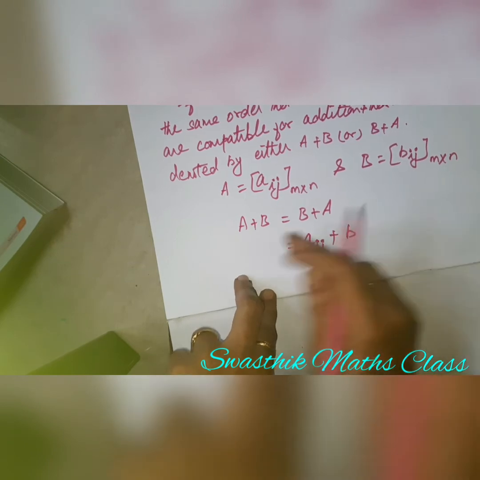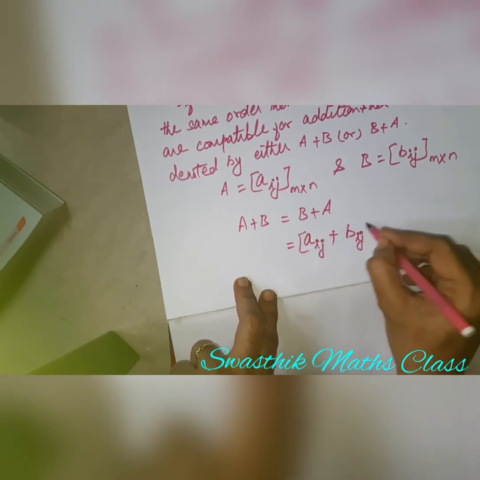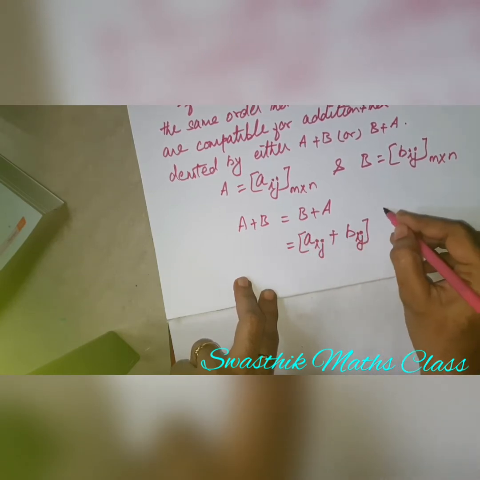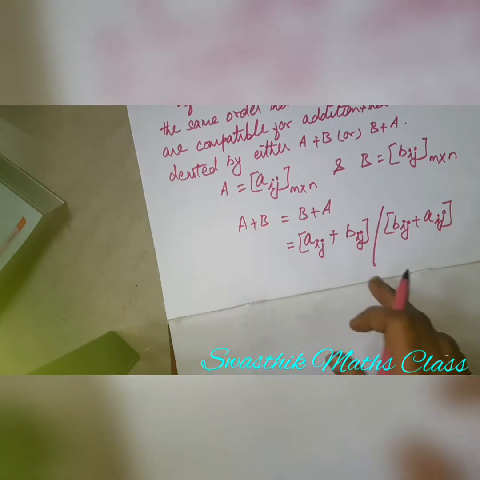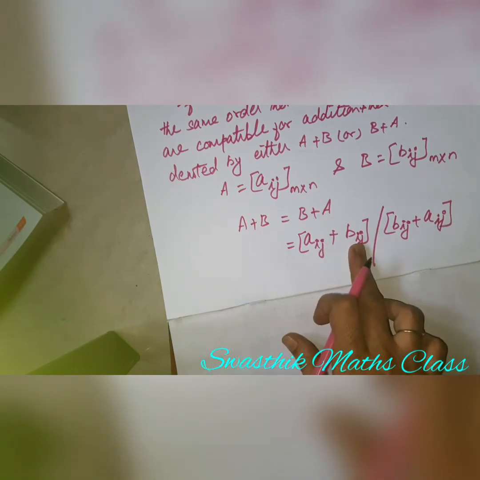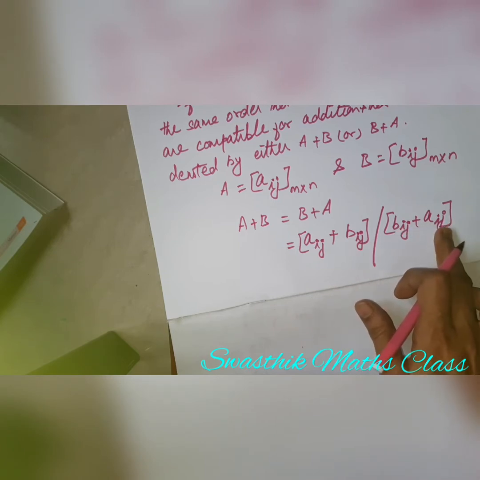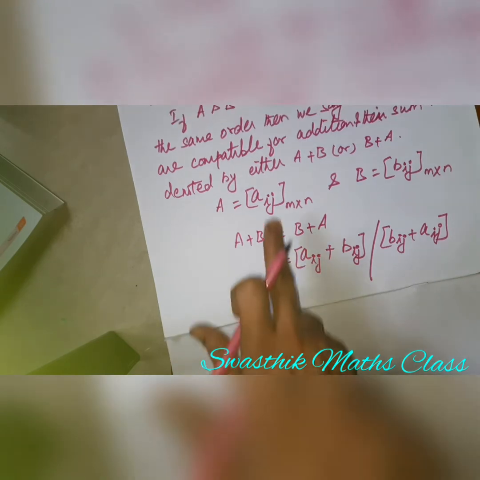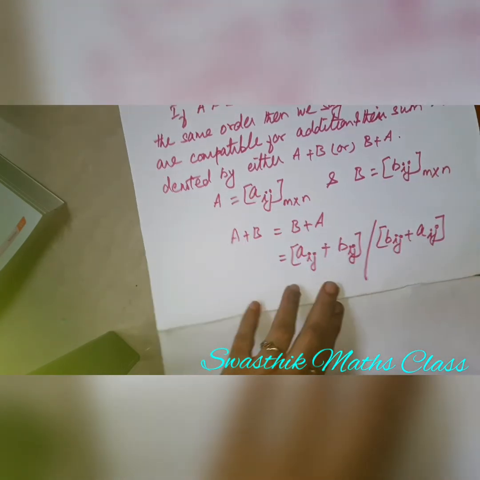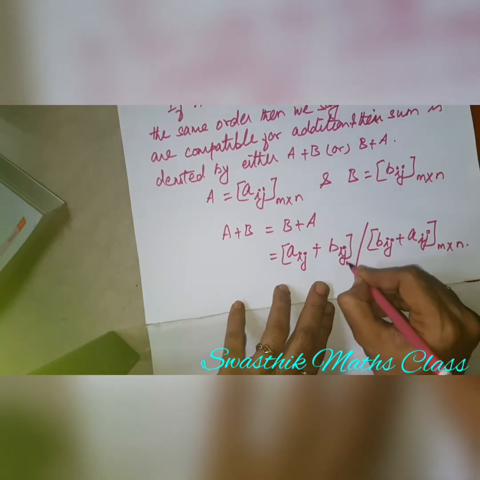So, we will get A plus B or B plus A as Aij plus Bij or Bij plus Aij. Both will be the same, since we know that addition of two numbers in any order will be the same. Therefore Aij plus Bij or Bij plus Aij will be the same as A plus B or B plus A. So this is the addition of the two given matrices A and B. Here also for the resulting matrix, we will get the same order m by n.